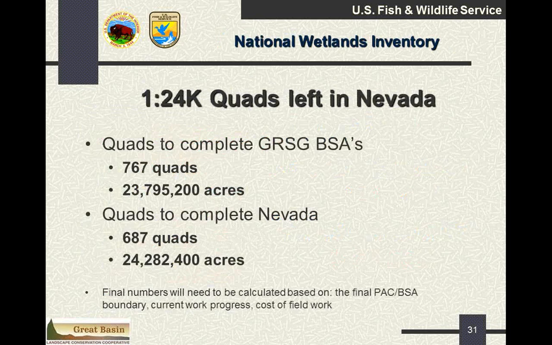It would take another 767 quads to complete the biologically sensitive areas. Forgive me, because I don't know the packs and the BSAs. I'm not really sure how those coincide. You're not the only one. If it's the same thing or a different meaning, anyway, I kind of use them interchangeably in here. And then to complete the rest of Nevada would be another 687 quads.